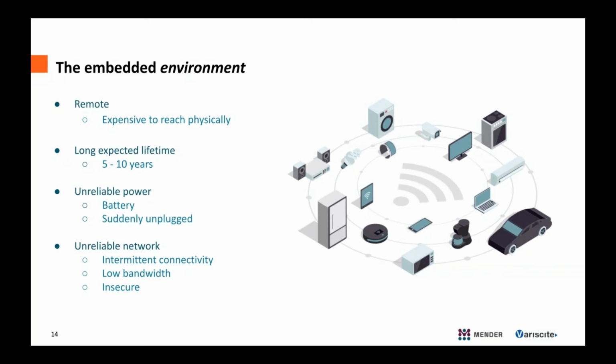So you have to be able to handle those kinds of things. For network, you have to deal with intermittent connectivity. Depending on your use case, your devices may actually be in low bandwidth environments. And especially if you're dealing with, say, network gear for coffee shops, they tend to be in very hostile environments where they have to be secure against both physical and network-based attacks.